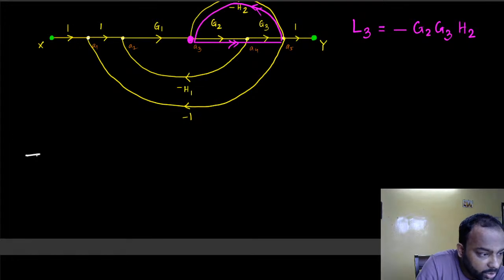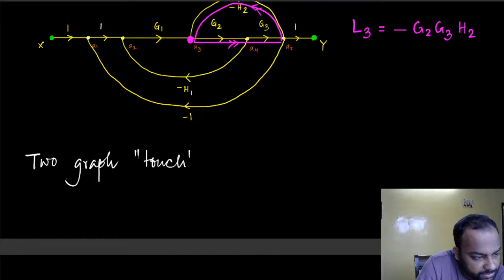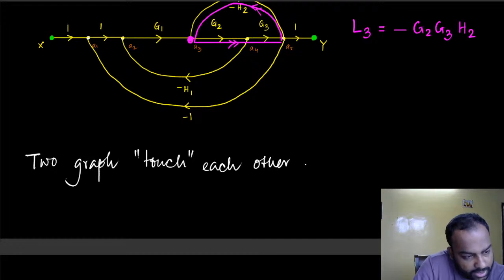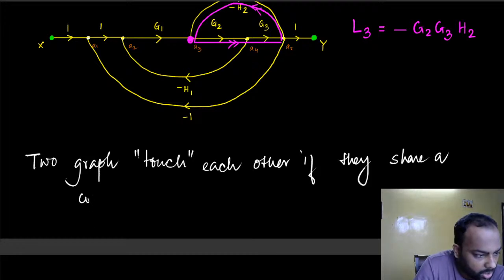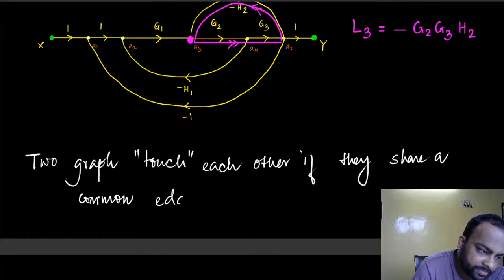We say two graphs touch each other if they share a common edge or branch.